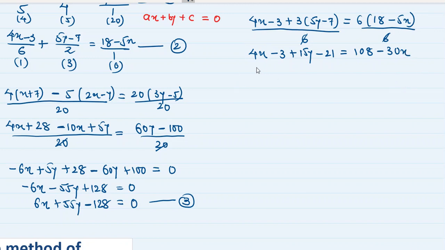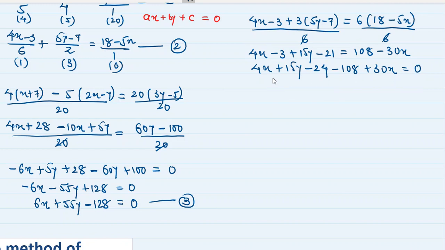Now what? 4x plus 15y minus 3 minus 21 will become minus 24 minus 108 plus 30x is equal to 0.